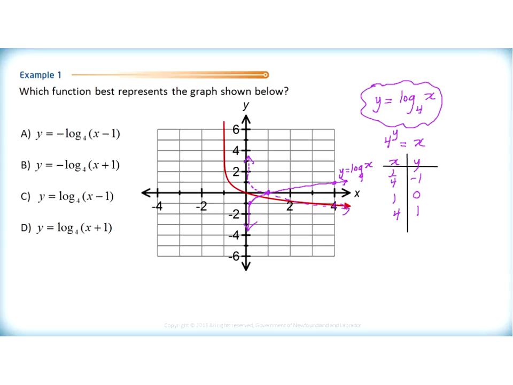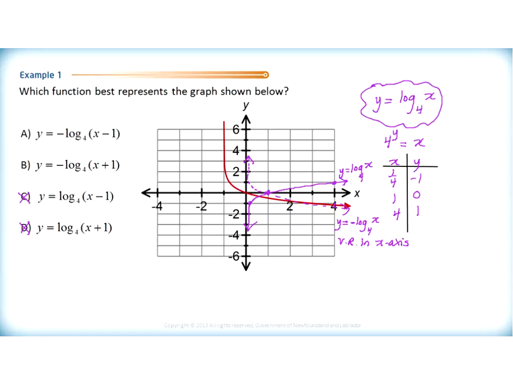So a reflection in the x-axis results in y equals a negative in front of the log of x to base 4. So we see there that we had a vertical reflection in the x-axis. So that eliminates two multiple choice answers, C and D, because the only ones that contain the negative in front are A and B.